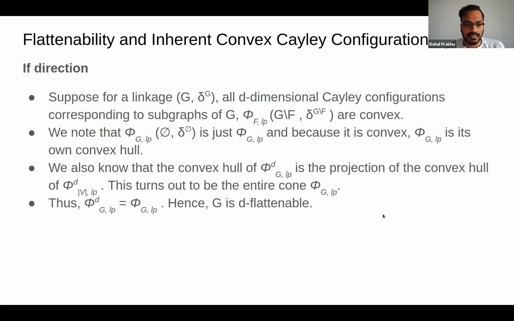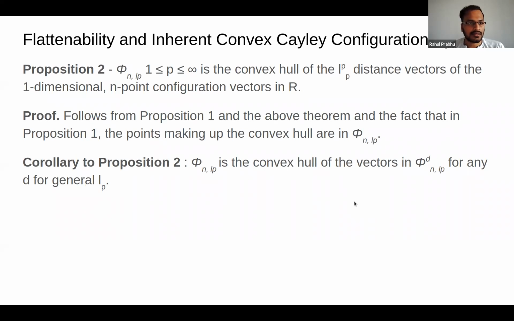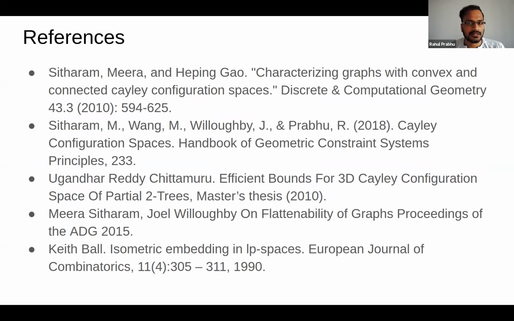This turns out to be the entire cone. So we've shown that the d-dimensional strata of the configuration space is the entire configuration space. So it's deflattenable. And I think that was it.